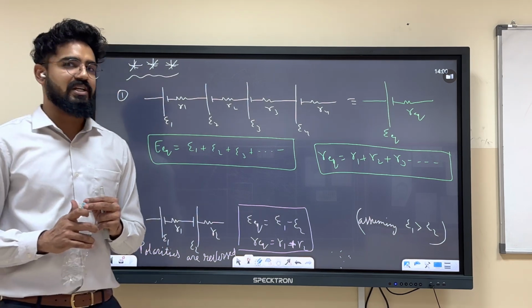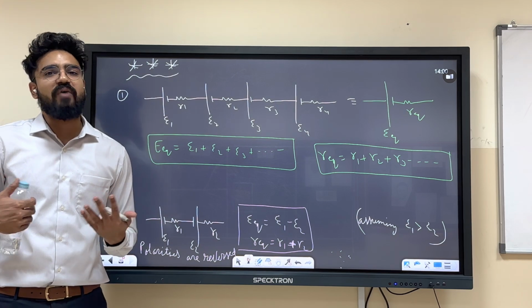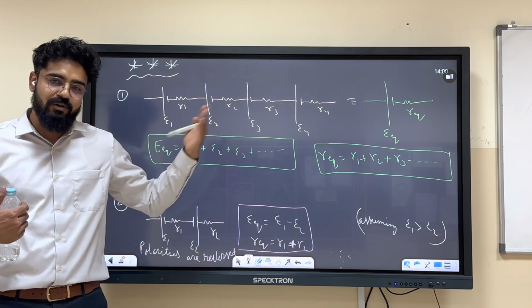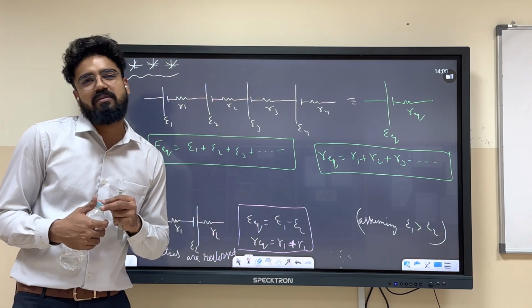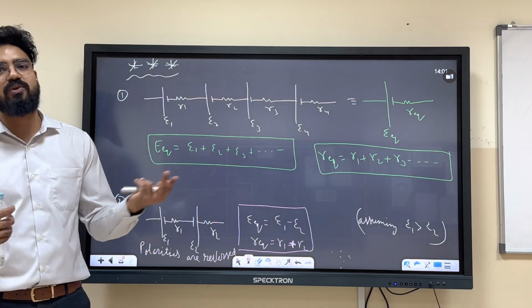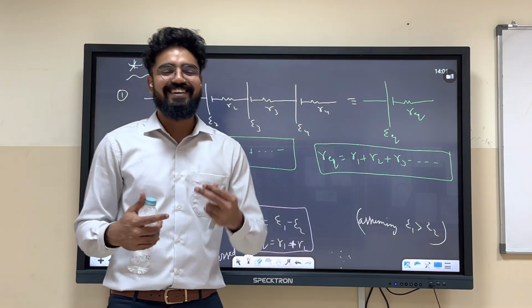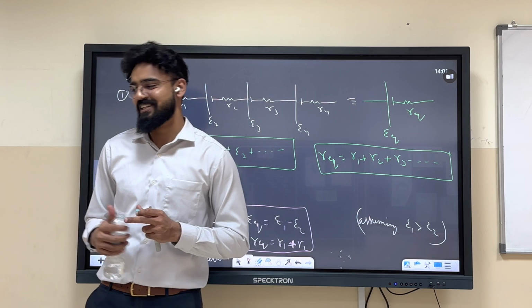Otherwise, you won't understand it. The formula is not very welcoming. When cells are in parallel, you won't like the formula. But sometimes we have to do the things that we do not like, as you are doing by studying through online lectures.